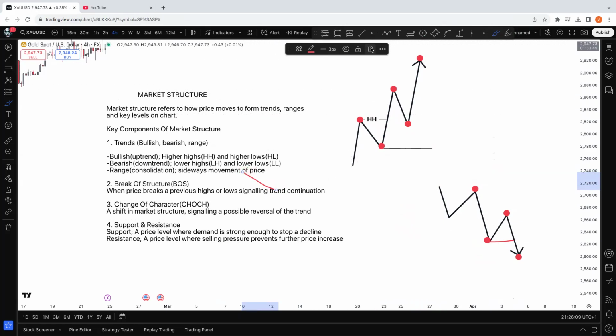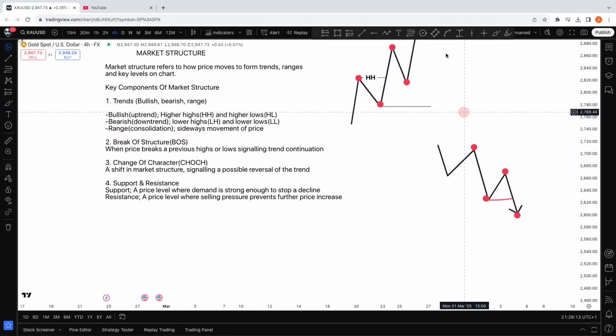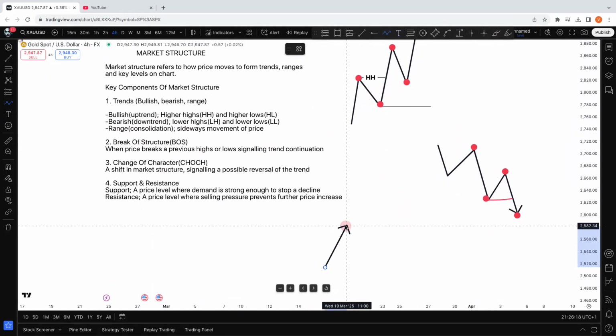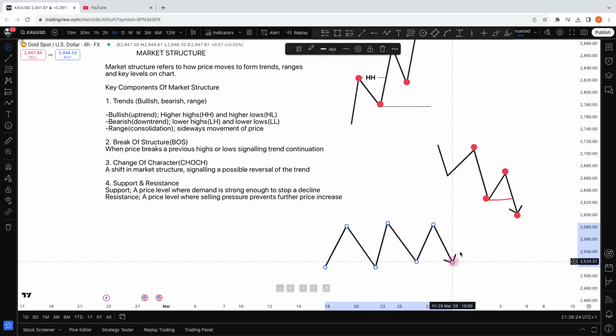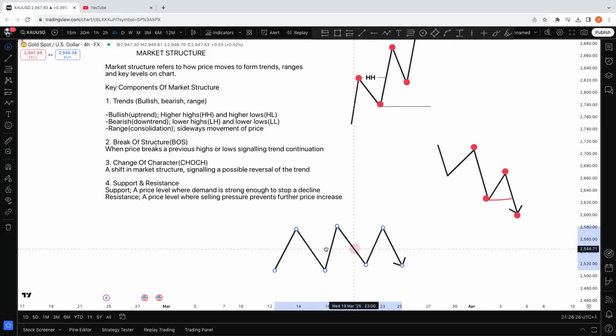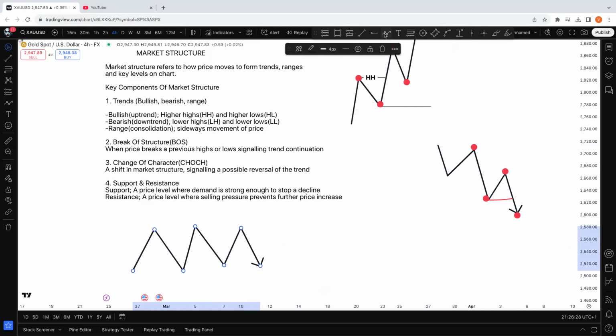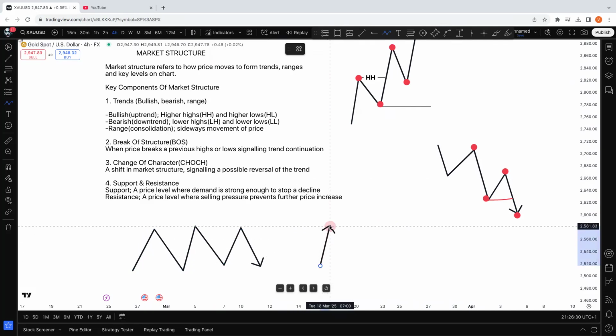And then the next thing we talk about here is the ranging market. The ranging market is what I just told you about, right? Where we have the market moving this way, this way, this way, right? Now this is a multiple consolidation, or ranging.